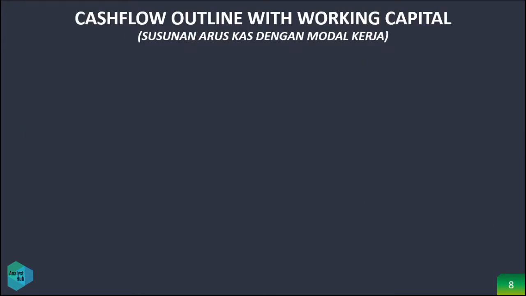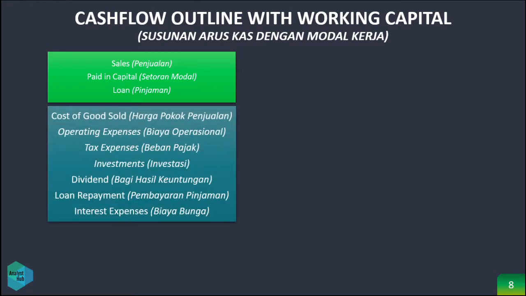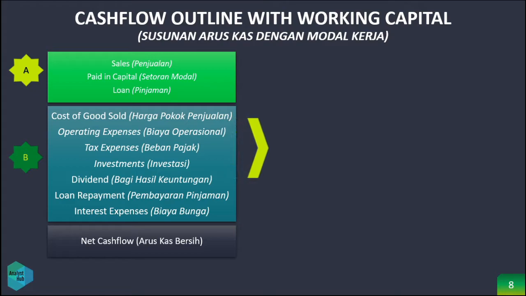Next, we will try to make a cash flow outline with working capital in it. First, we recap the previous cash flow outline. Cash in, which comes from sales and so on, we put as group A. Then cash out, which comes from COGS, etc., we put as group B. And the rest is net cash flow. Now we move to the right side.